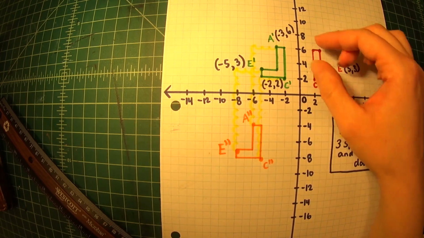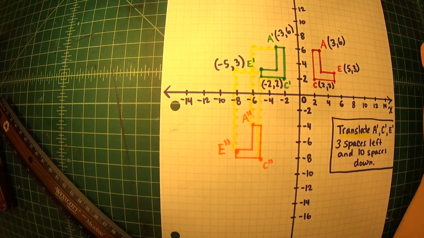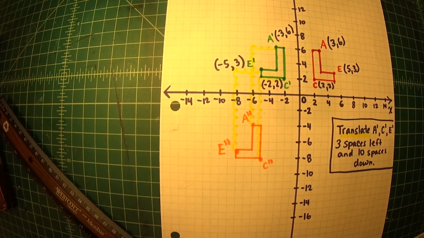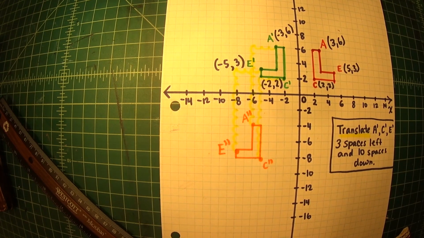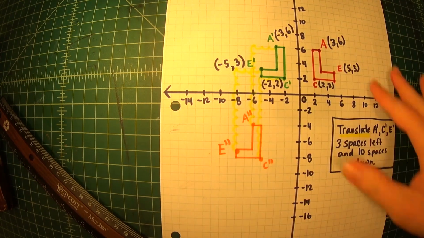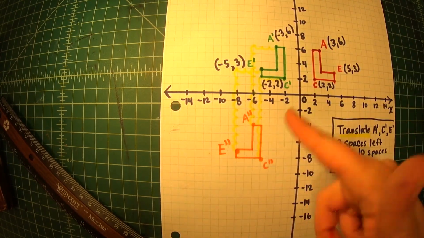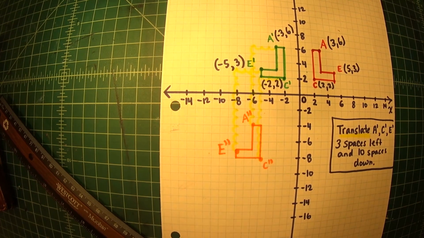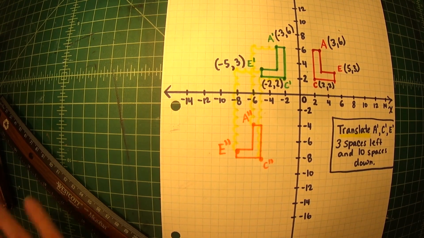Really, it's just a translation of the green one. So it's not a reflection of anything else. There's nowhere that we can draw a line of symmetry to separate this image into identical halves with my double prime shape. So anyways, that's a little bit of review on the coordinate grid.